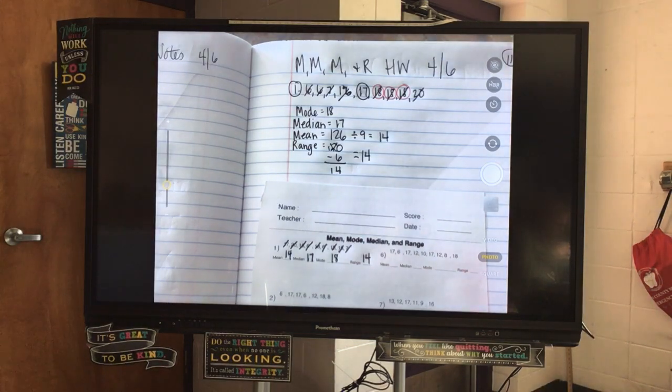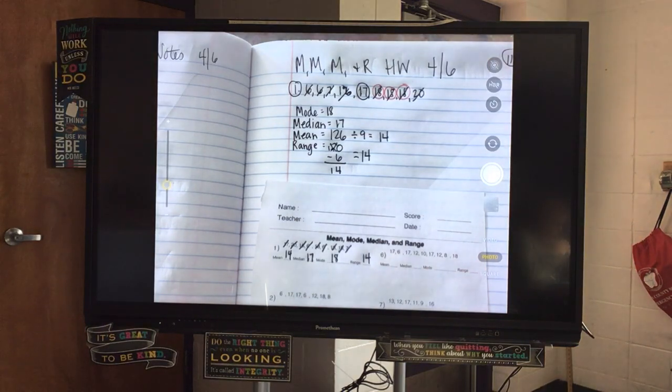Are there any questions before you get started? Listen. You may work by yourself if you want to, absolutely. So for number 7, if there isn't a mode, what do we put? No mode. Yep. If there's no repeating number, then you just put no mode.